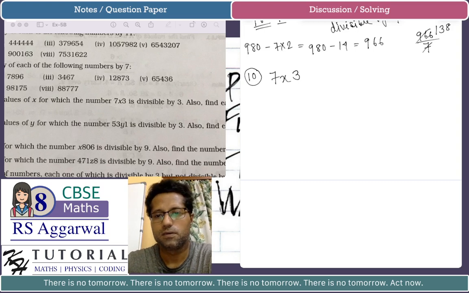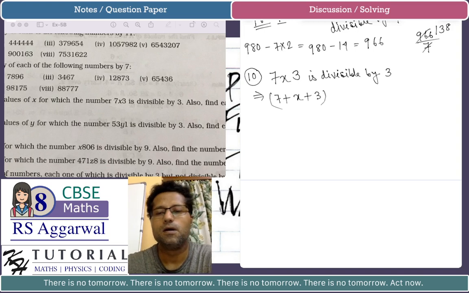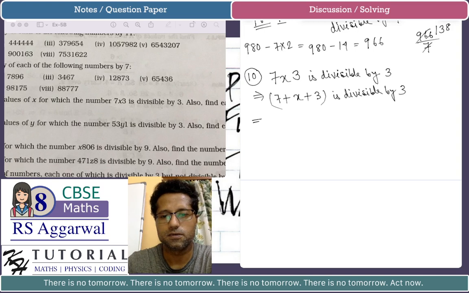If this is divisible by 3, it implies that the sum of the digits, that is 7 plus x plus 3, is divisible by 3. This implies 10 plus x is divisible by 3.